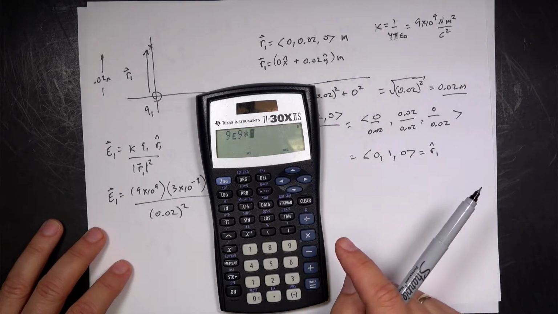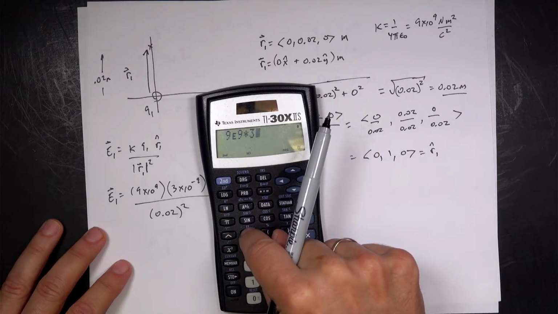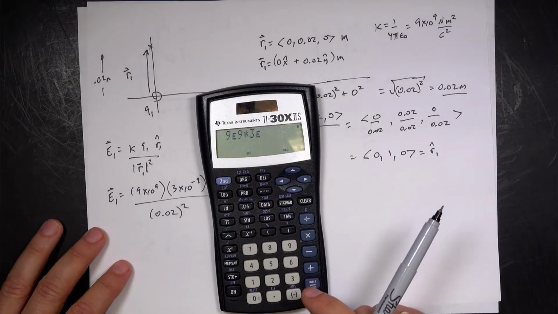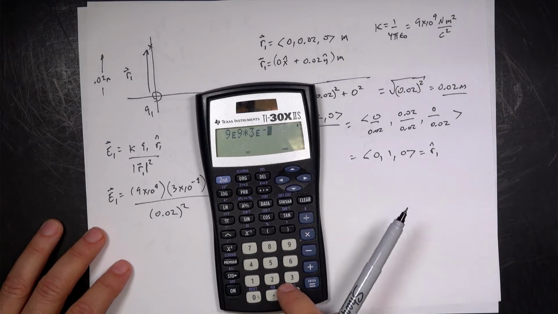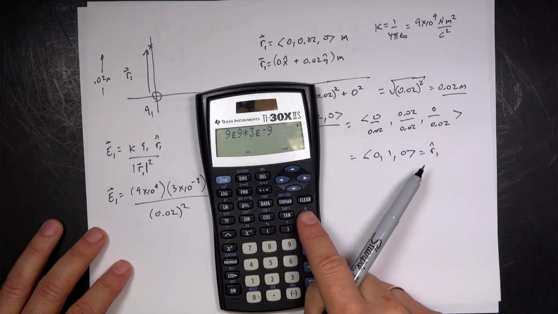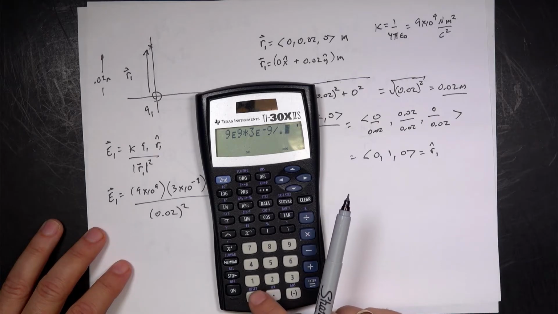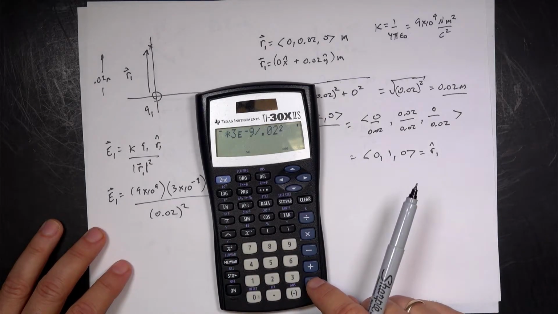It's going to treat that all as one number. Now I'm going to say 3 times 10 to the negative 9. You've got to use this negative sign, not the minus sign. So I'm going to use negative 9 right there. Now I need to divide by 0.02 squared. So I can say divide, 0.02 squared, and that's it.